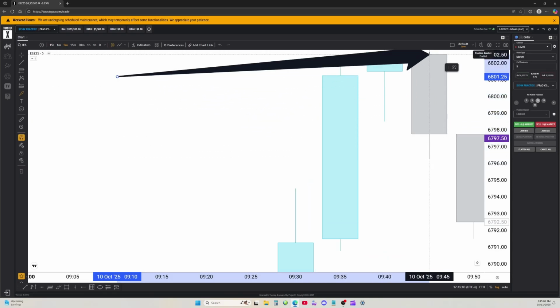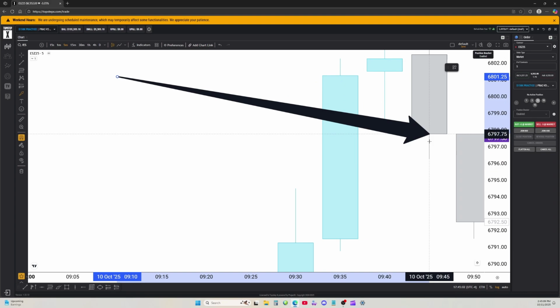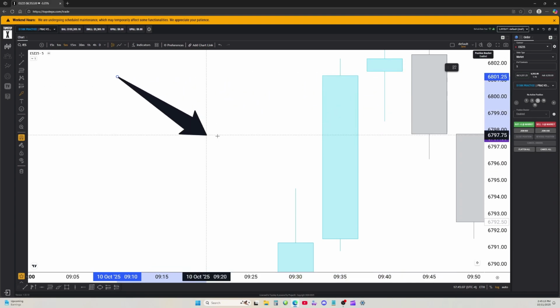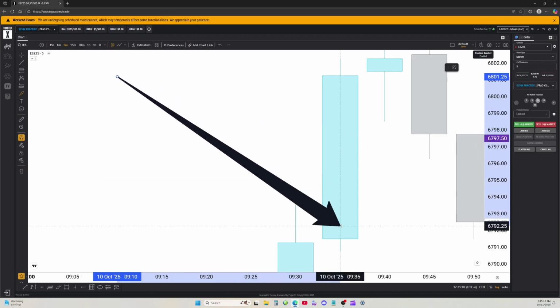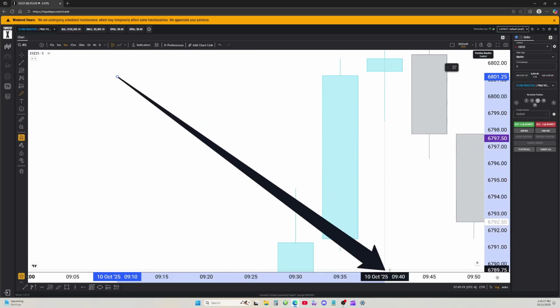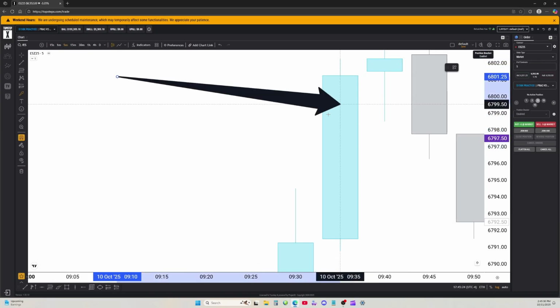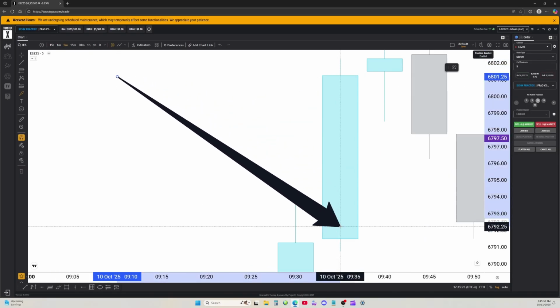When it's going down, it's a bearish candle. That is gray for me. These open every minute, every 5 minutes, every hour, every day, every month, every 15 seconds, depending on what you have it set at. Right now it's 5 minutes, so every candle is a 5-minute candle.